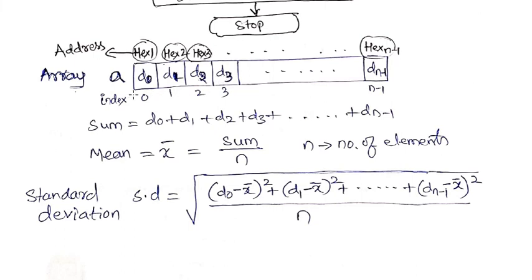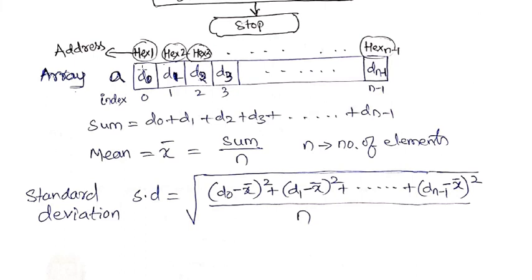And how do we normally access these array elements? We use the index. The first data element is accessed using index 0. A square bracket 0 will give me d0, and to access d1, A square bracket 1, that is A of 1, will give me d1. Similarly A square bracket 2, index 2, we access d2, and so on.